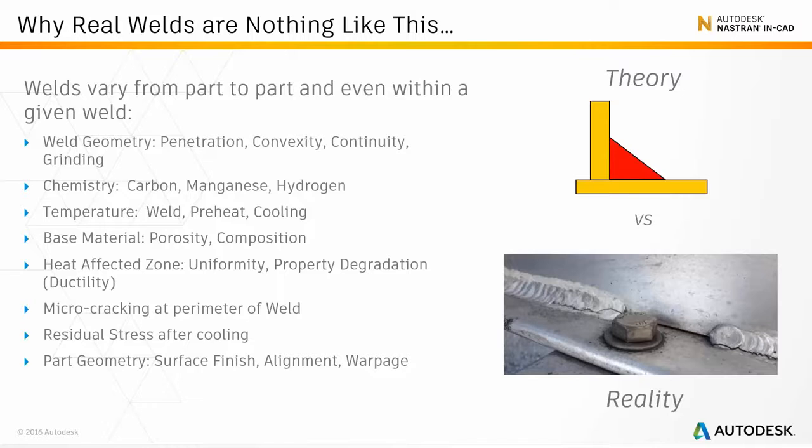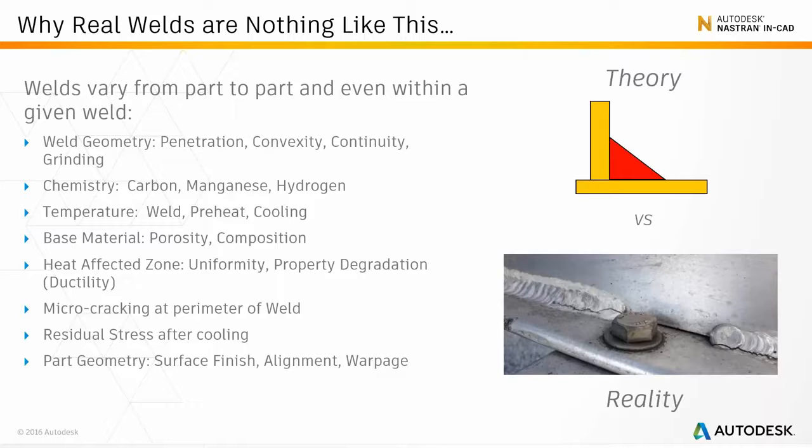So in addition to geometry variation, we also get a range of other variables that are going to influence the results that we would get from an analysis on a weld inside of simulation. So we've got things like the geometry of the weld, but also its chemistry, the materials that it's made from, the temperatures associated with it, the preheating and the cooling of the weld are important. The base material, the heat affected zone, things like residual stress after cooling.